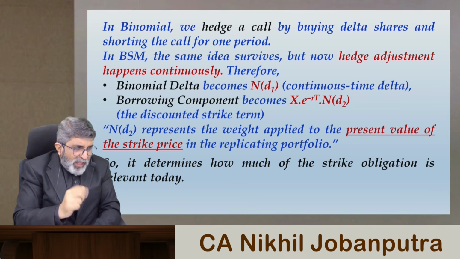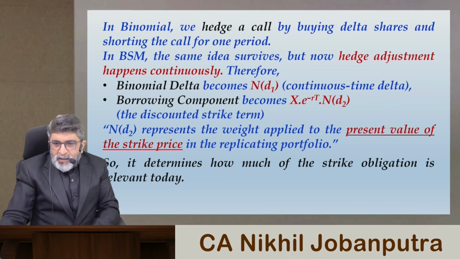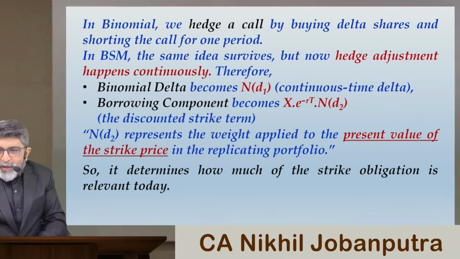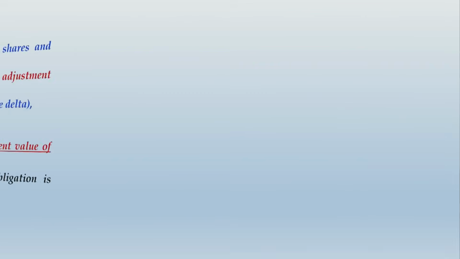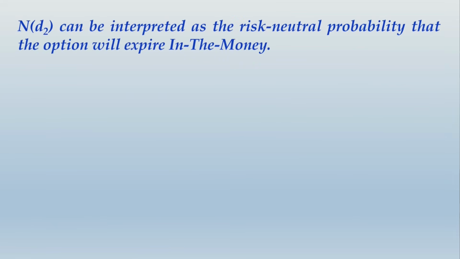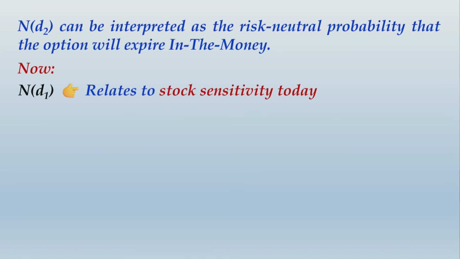So as of now, make sure that this note you have written very clearly, and once you have written this, we will move ahead and we conclude that N of d2 can be interpreted as the risk neutral probability that the option will expire in the money. Now N of d1 was something that relates to stock sensitivity today.